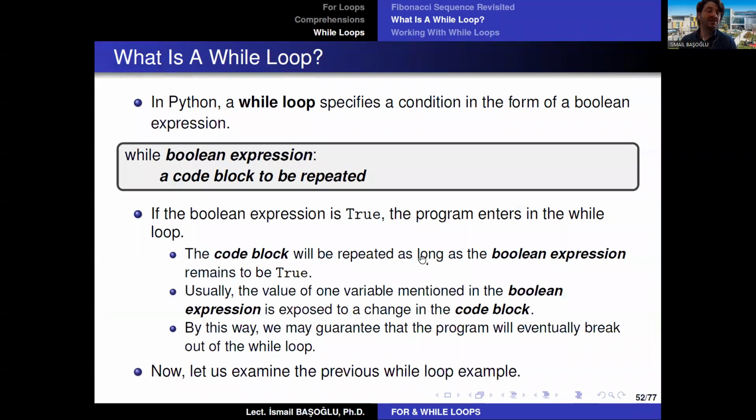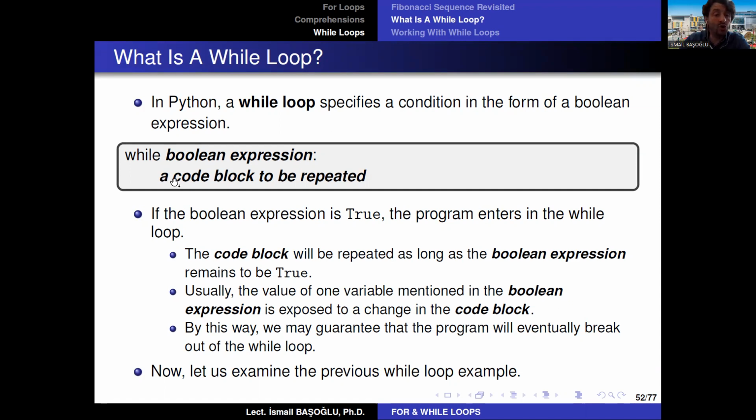Now, let's mention the general structure of a while loop. In a while loop, we start with the keyword while. While is a keyword like for, okay? After the while, we write a Boolean expression. If the Boolean expression is true, then the indented code block under the while loop will be performed.